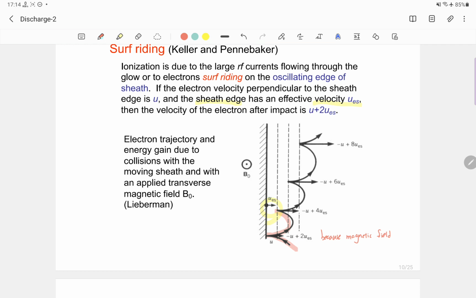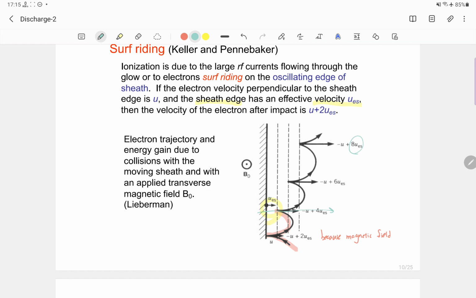At the beginning, the electron has a velocity of minus u plus 2 times u es, and after the second collision, it becomes minus u plus 4 times u es. So this will happen several times, and the energy or velocity of the electron can be increased to a certain value.